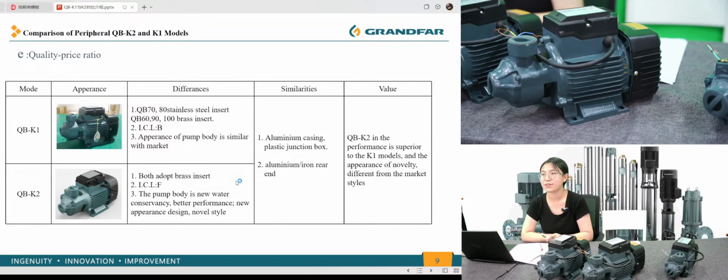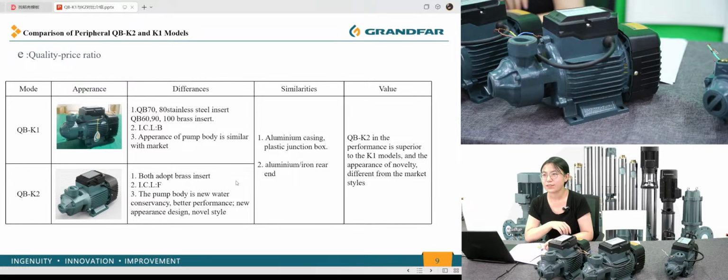And also, on the graph side, its insulation class is upgraded to F, and its pump body has a new water conservancy design. It has better performance, a new design, in a novel style.